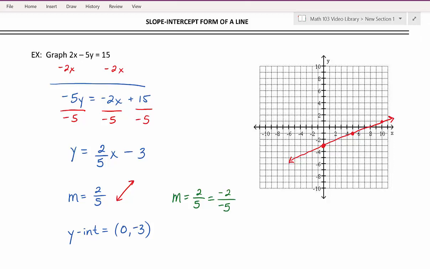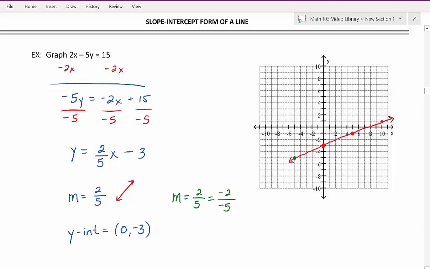So there are some times when we're graphing where we might want to turn a positive slope into a double negative slope. If we do that, starting from my y-intercept, I would go 2 in the negative y direction, which is down, and then 5 in the negative x direction, which is to the left, and we get the point -5, -5.